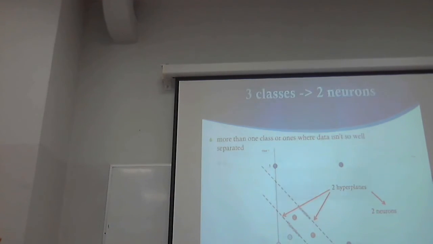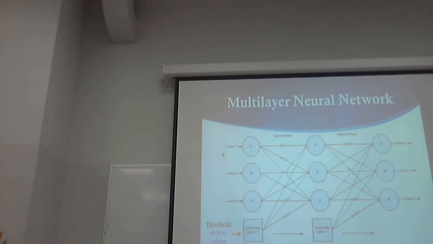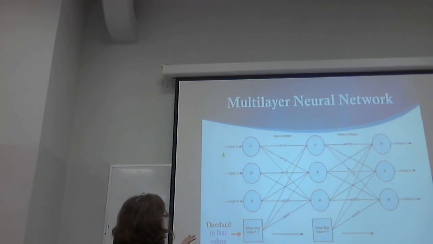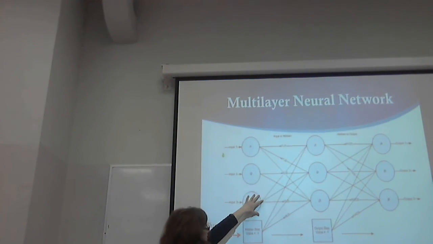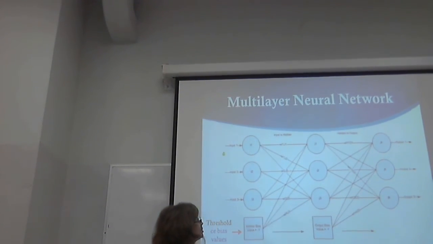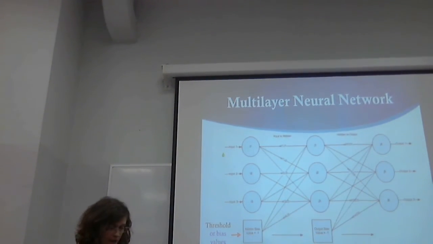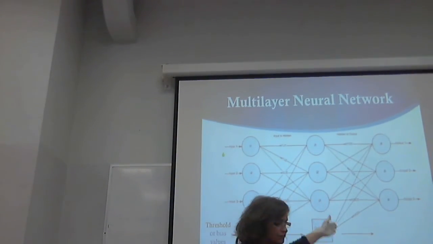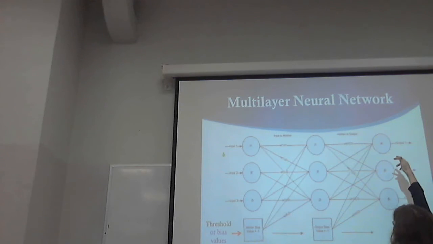Okay, this is just one neuron. This is the complication, a multi-layer network. Now we do not have just one perceptron, right? The neural network is a combination of many, and we not only have many neurons, we have layers of neurons. What does it mean, the layers?